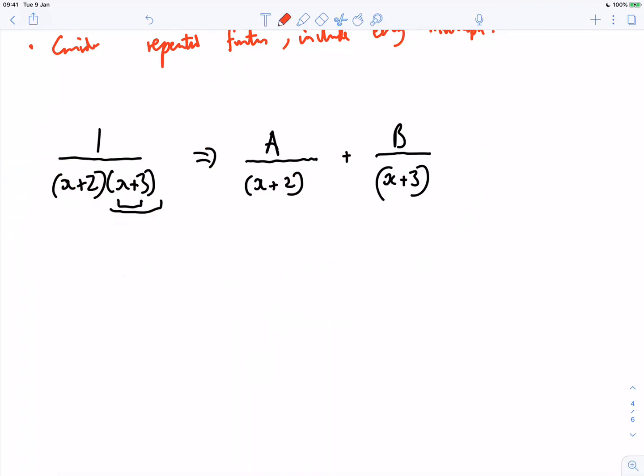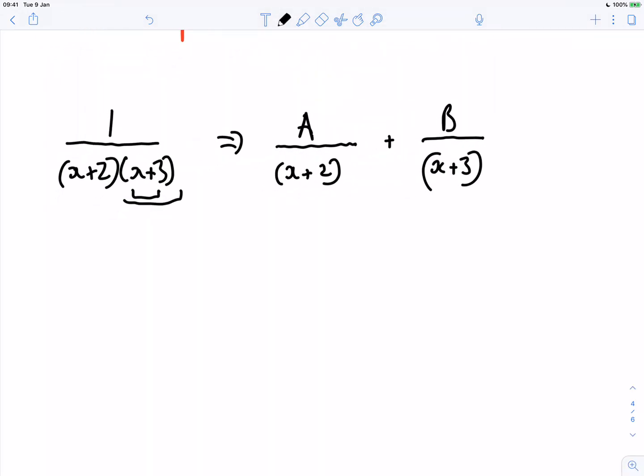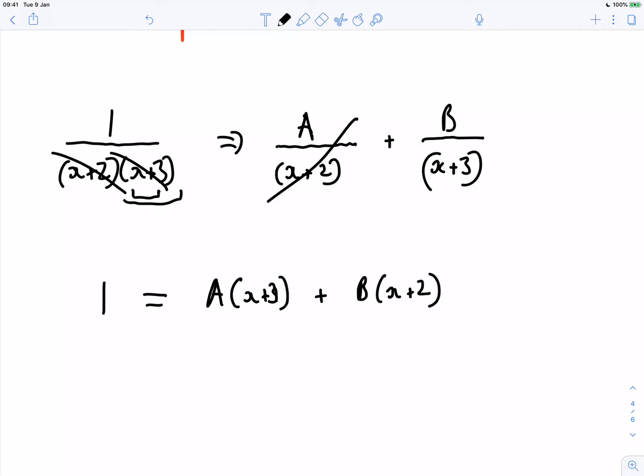First thing we do is multiply by the denominator. If I multiply by x plus 2, x plus 3 on both sides, the left-hand side is going to be 1. The right-hand side is going to be a lots of x plus 3, because if I multiply by x plus 2, that will cancel with the denominator. And then the next term would be b lots of x plus 2.